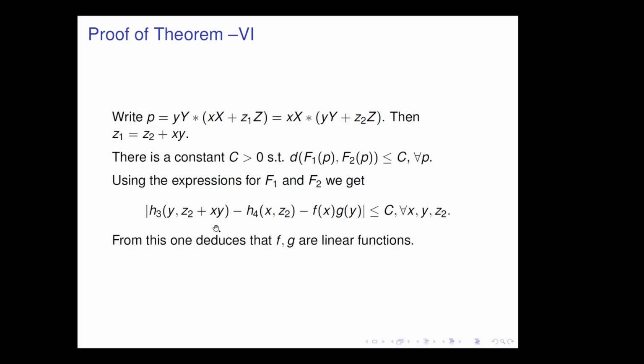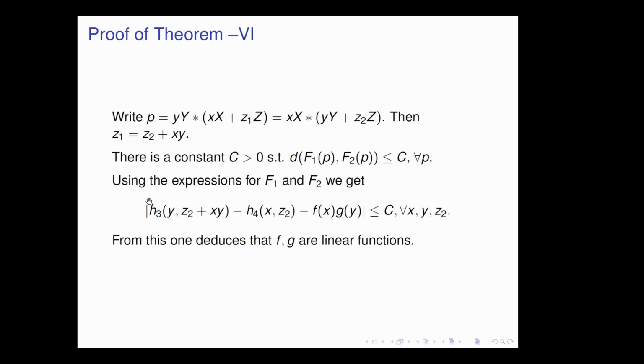And you take some special values: x equals 0, you get some information here; y equals 0, you get some information here. So for this one, if you take x equals 0, you see that they are independent of the first coordinate, namely y and x.